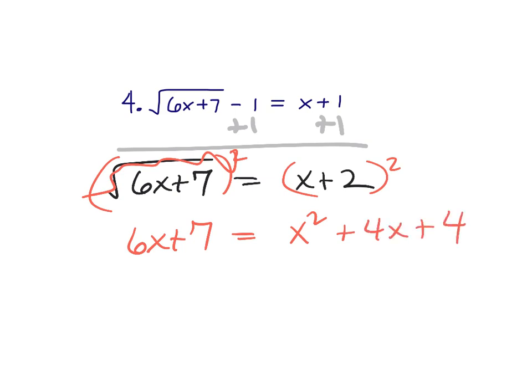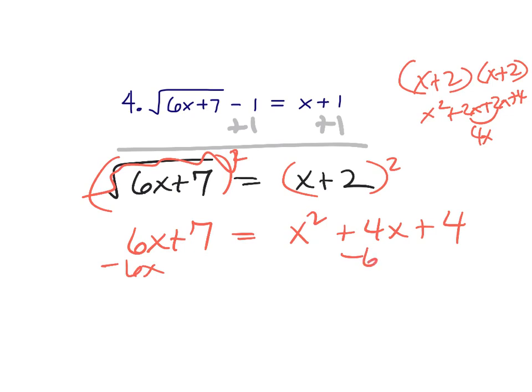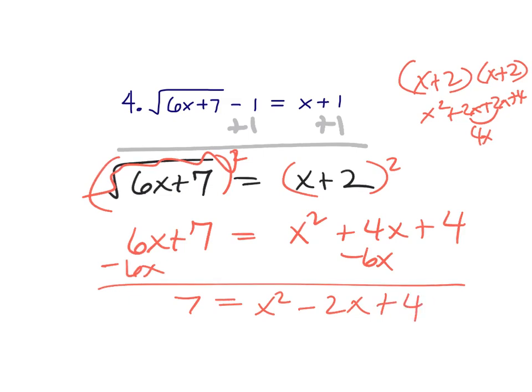And again, put it into standard form so you can factor it. So what I did was x plus 2, and I FOILed it. X squared, 2x, 2x, 4, combined it, and that's how I got the 4x. All right, move the 6x. 7 equals x squared minus 2x plus 4.